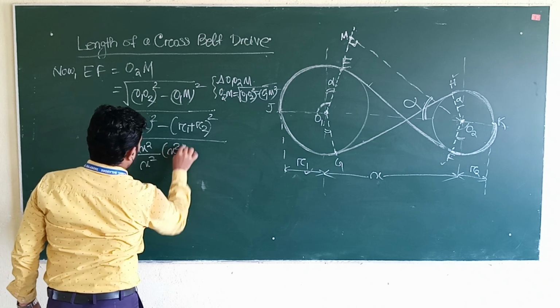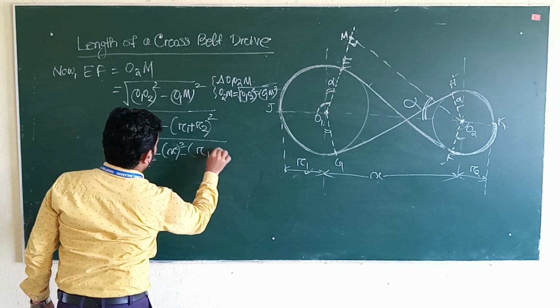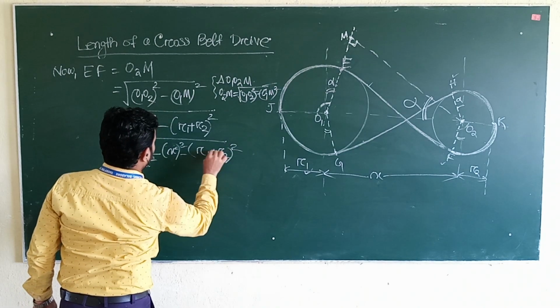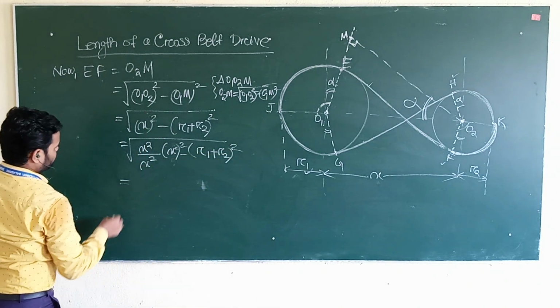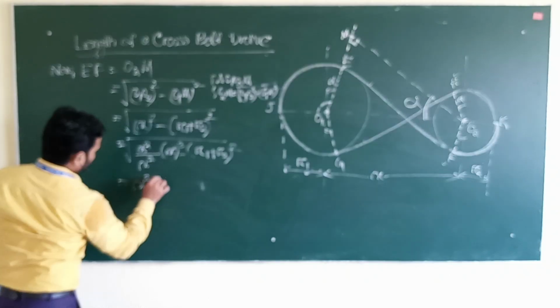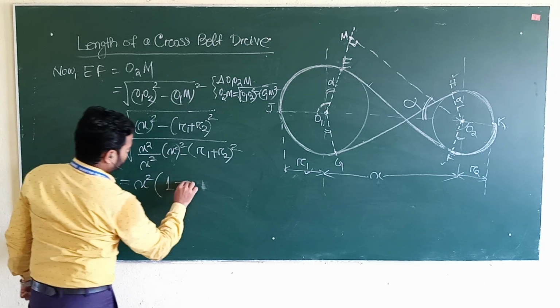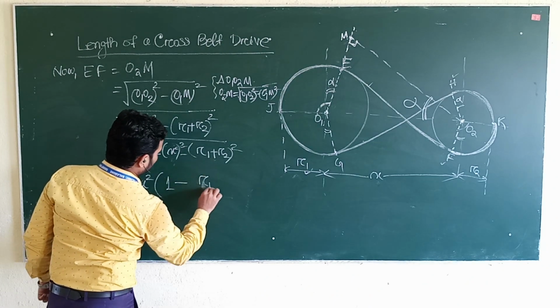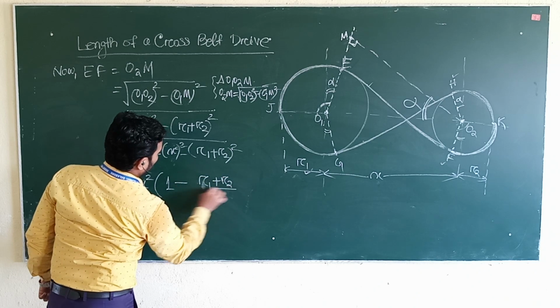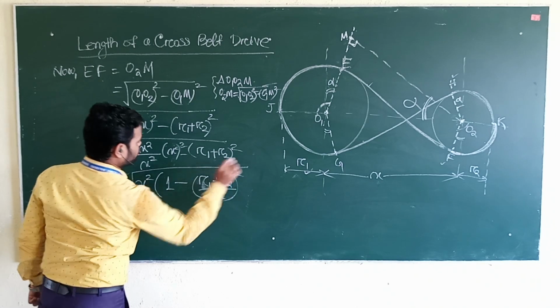So x square minus (r1 plus r2) square. Next, if this is divided by x square, then what will happen? x square outside, then x square by x square is 1, minus (r1 plus r2) by x, whole square, under root.